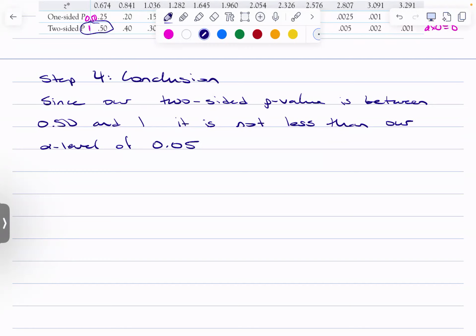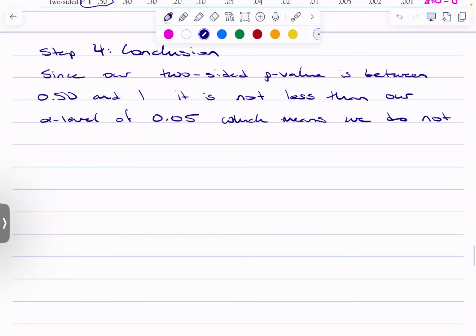So since our two-sided p-value is between 0.5 and 1, it's not less than our alpha level of 0.05, which means we do not have enough evidence to reject H naught.